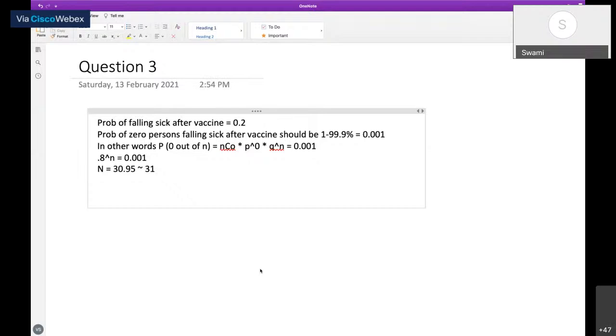So if you solve the equation 0.8 to the power n equal to 0.001, you can take a log on both sides. So you will get n equal to log of 0.001 by log of 0.8, which is 30.95, but n has to be a round number. The nearest round number is 31. Correct, thank you. What's your name? Swaminathan, sir.